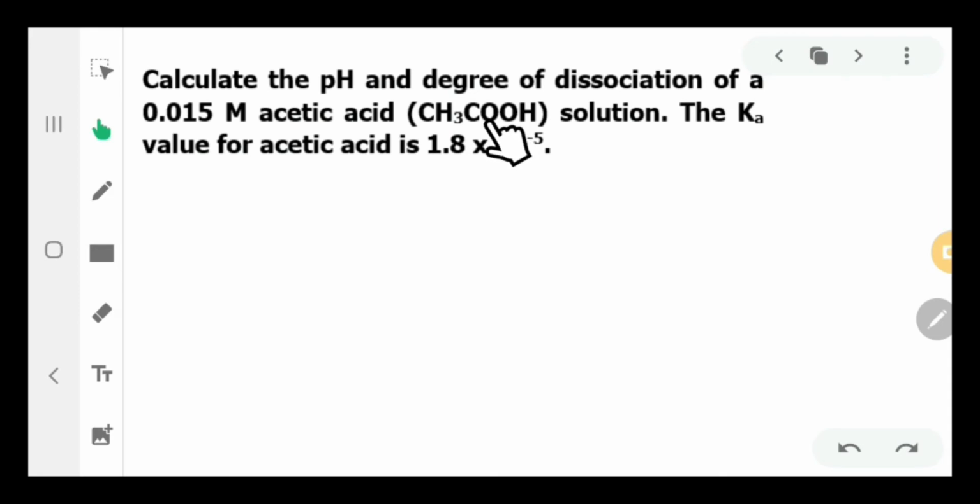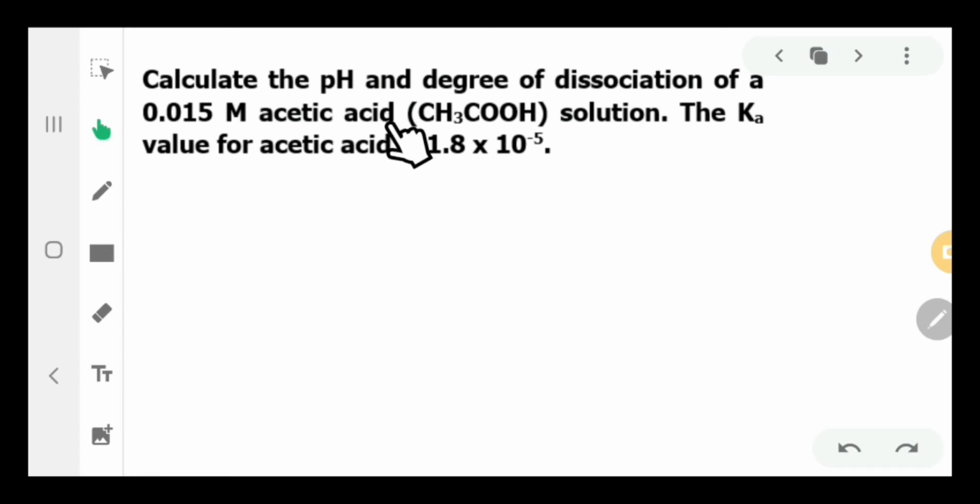You might see this in exams. Acetic acid is your common weak acid. You have this in your restaurant, they sell it in the shops, and you might even have this at your home. This is your vinegar. Okay?